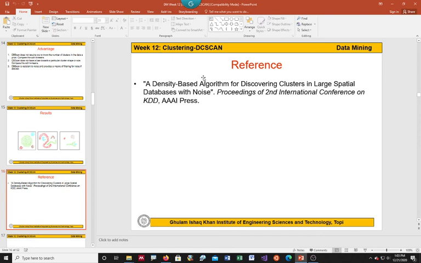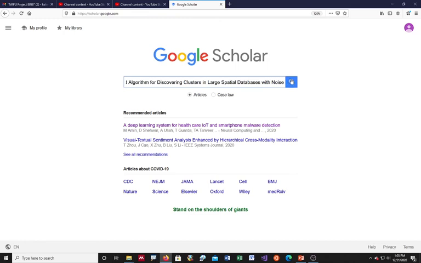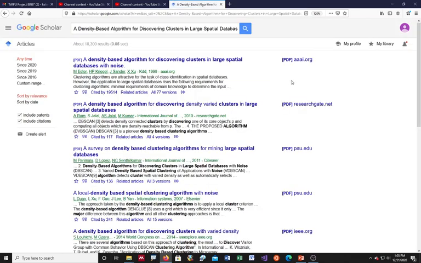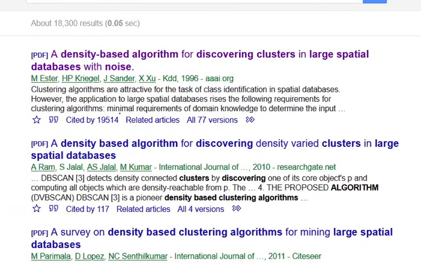DBSCAN is a bit older, but the density based clustering, which was the week 11 lecture, is the newer version of DBSCAN. I would like to see the number of citations of this algorithm. Let me open this article, and if you see here, this has 19,514 citations, right? It was published in 1996.